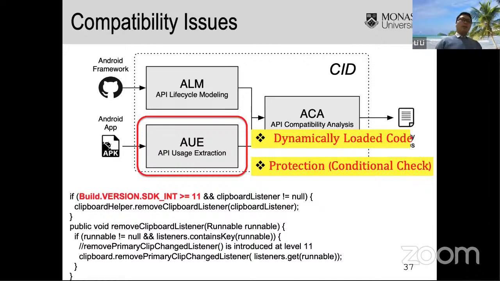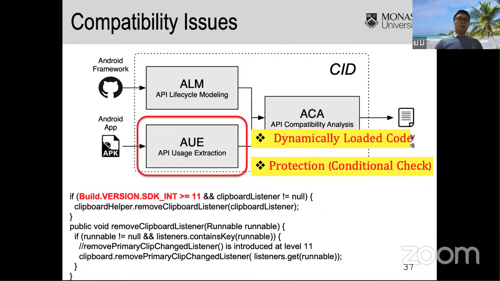They recommend that developers check the current SDK version running on the device. Like in this example, only if the app is running on a device with an API level higher than or equal to 11, then the following API will be executed. Otherwise, the problematic API will not be executed.